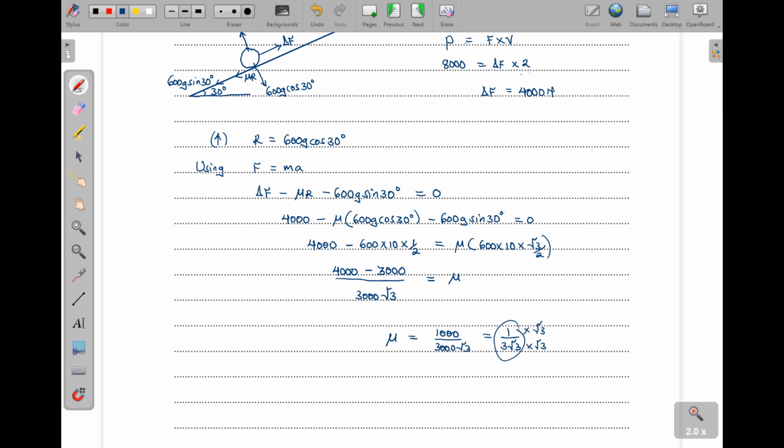But even if you leave your answer here, no problem, they give it to you. So this one here will actually be root 3, and this one will give us a 3. So 3 times 3, that will be a 9. So mu in its exact form is root 3 over 9. That is that.